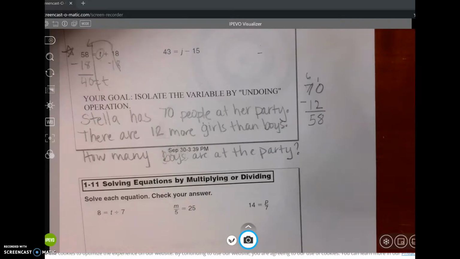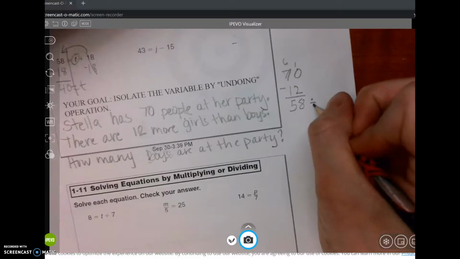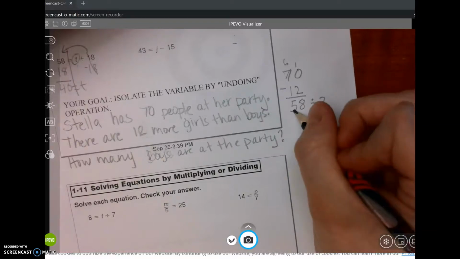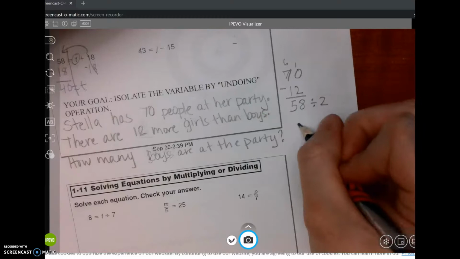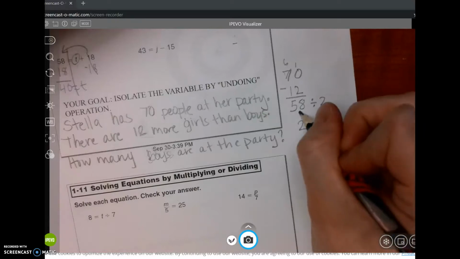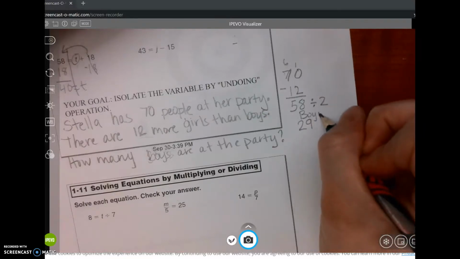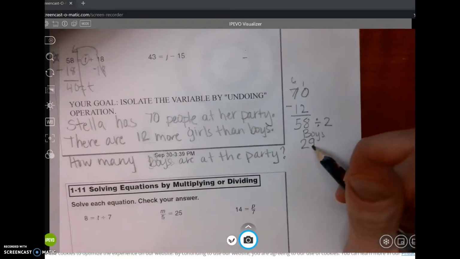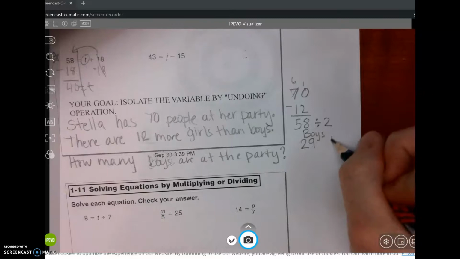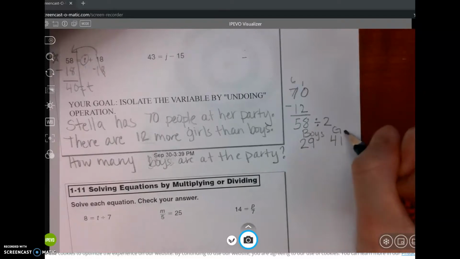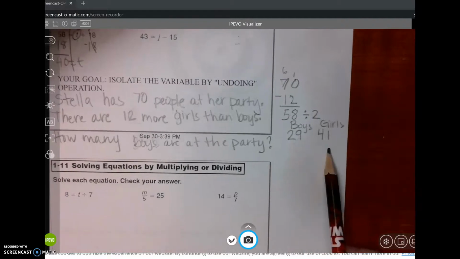And then I divide it by 2 for the two groups of girls and boys. So that'd be 29 boys. And 29 plus 12 would be 41 girls. And you add it together to make sure that that equals 70.